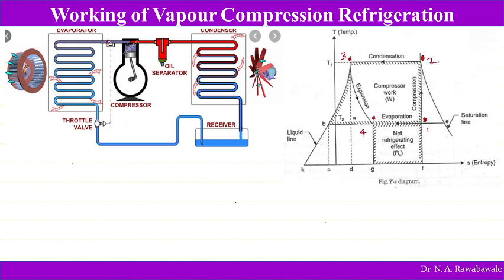The vapor refrigerant, at low temperature and low pressure, enters the compressor at point 1, and it is compressed adiabatically to state 2, where pressure increases to a very high pressure and temperature is also high.